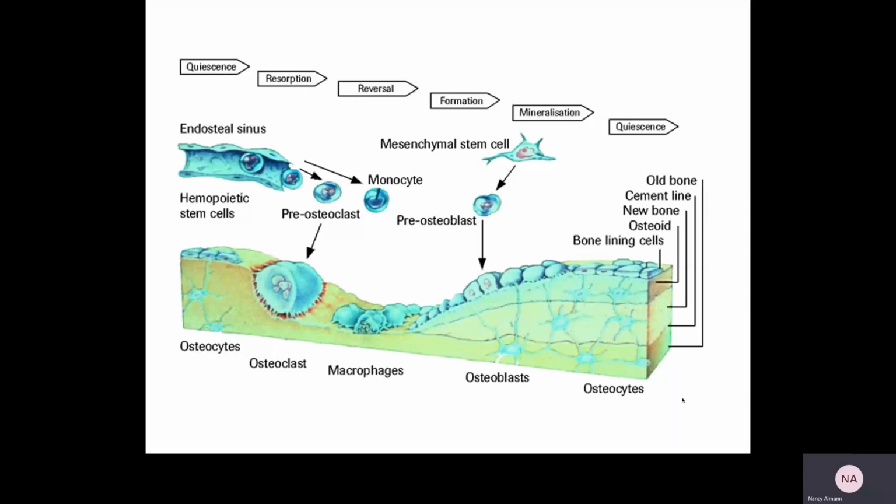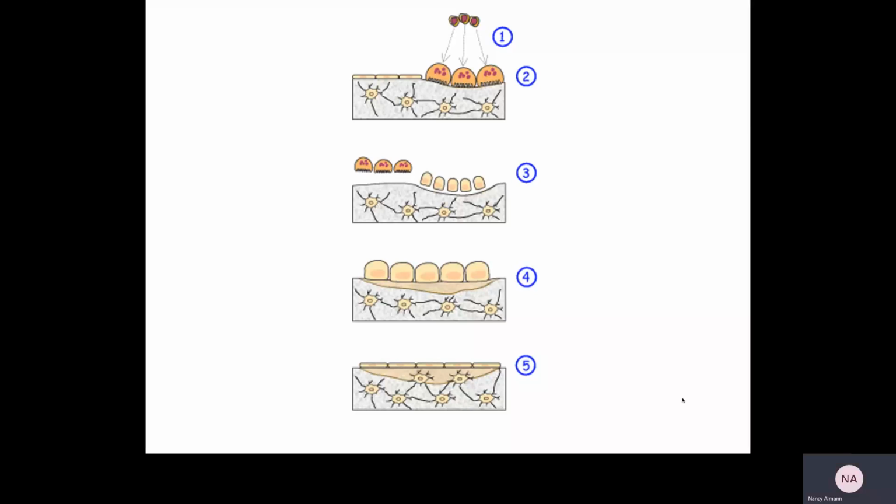This shows you what happens when parts of bones are broken down by osteoclasts, and then rebuilt by osteoblasts, which, once they're surrounded by matrix that they're laying down, become osteocytes. And this shows you the same thing.